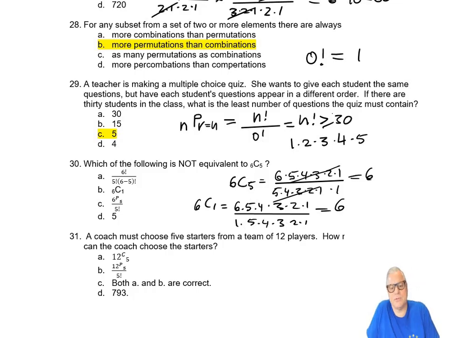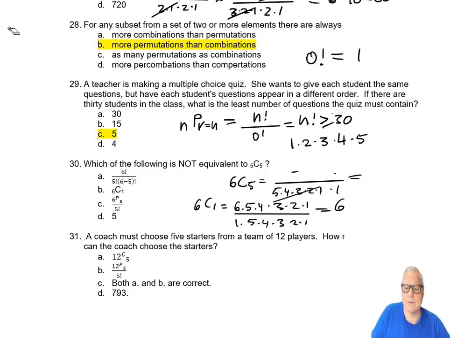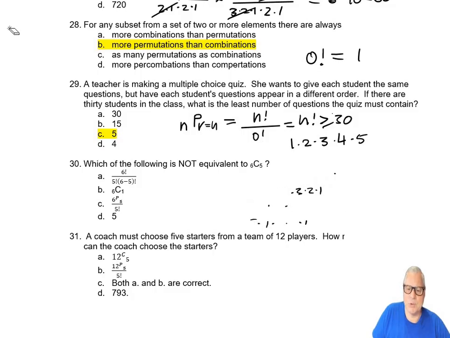6P5, so permutations. Of course we could use Excel too, but so far we have always gotten 6, and here we already have a 5, so it's probably D. But let's double check what we get when we use permutations and choose 5 from 6.